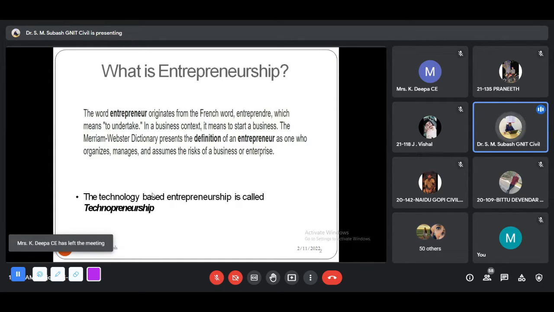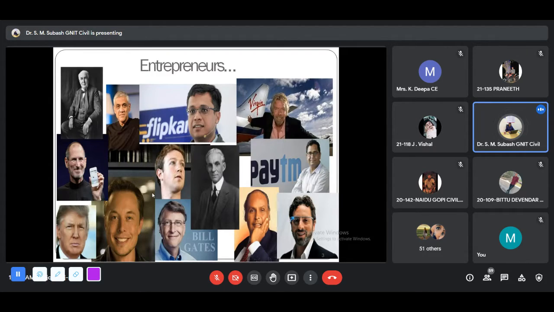So they would be called as a technopreneur. So the engineers like civil, mechanical, electrical, those who are developing a product which is meant to be a tangible product, then you are known to be an entrepreneur. Okay, so this is the basic definitions: entrepreneur and technopreneurs.